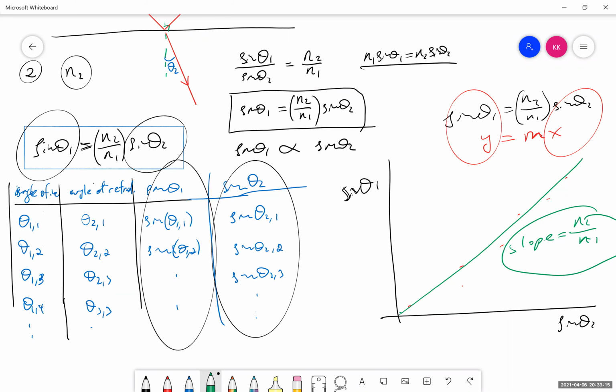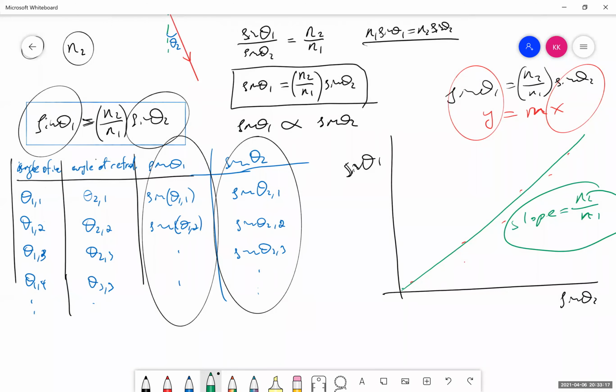Our goal will be this. We don't know what the second medium is, but taking data of the angles theta 1 and theta 2, we can use this graph to find a quantity that relates those. That means we're finding the slope, where the slope equals n2 over n1.